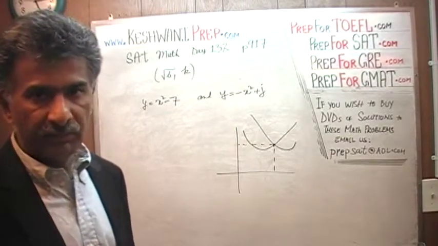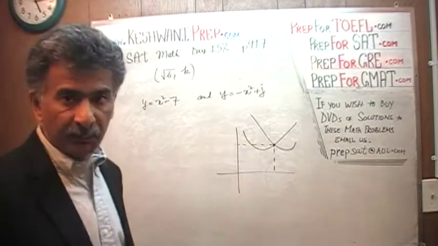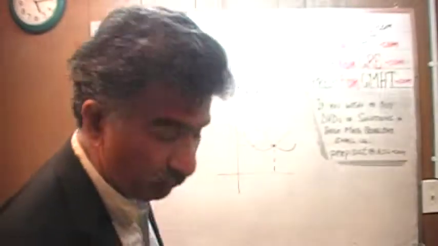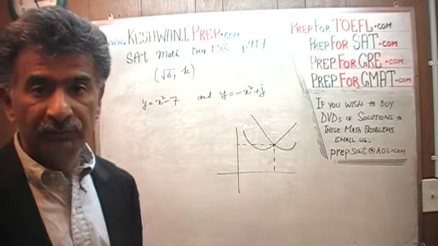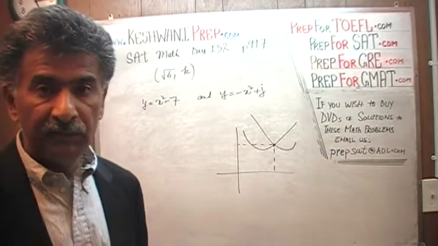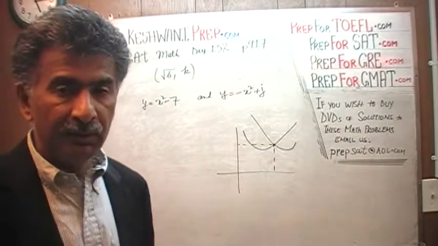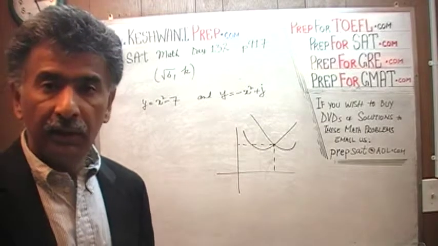To satisfy an equation means it works for this equation and that equation. So the value of y is the same for both of these equations, so is the value of x. All we have to do is substitute the value of x and y in these two equations, equate them to each other, and solve for j.